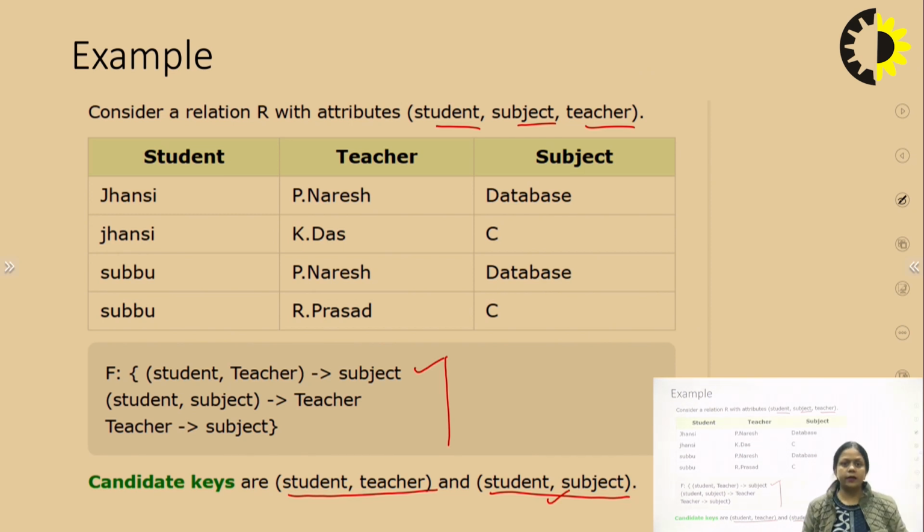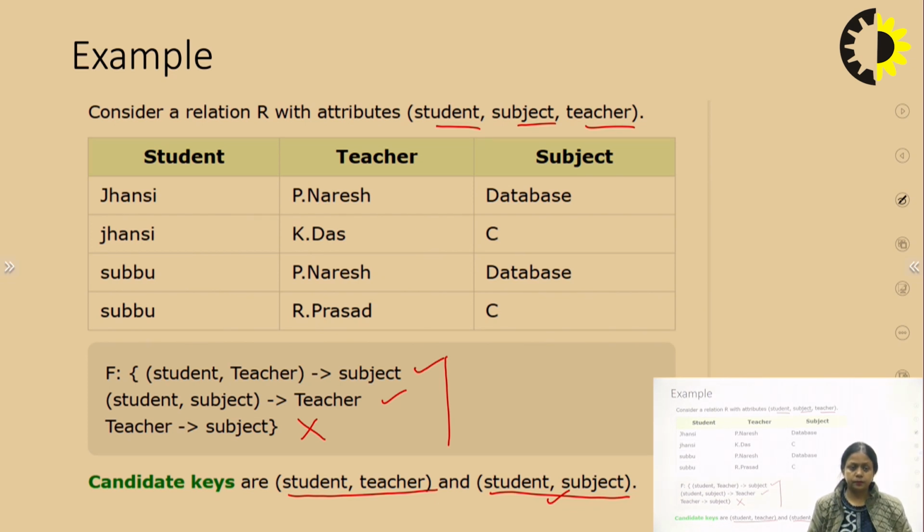So again the criteria is fulfilled for the BCNF form. And the next one is subject is dependent on teacher, but teacher is not a candidate key. So in this case the dependency is not fulfilling the criteria for the BCNF. So we can say that this table is not in the BCNF form.